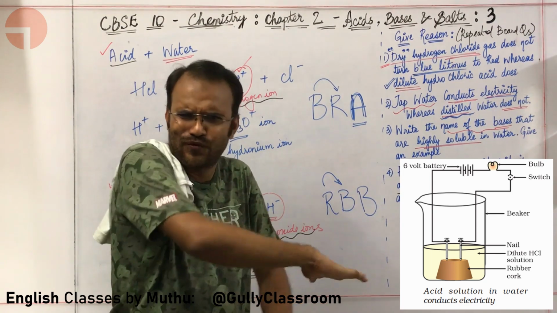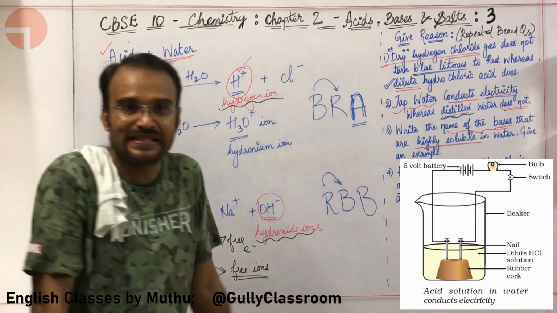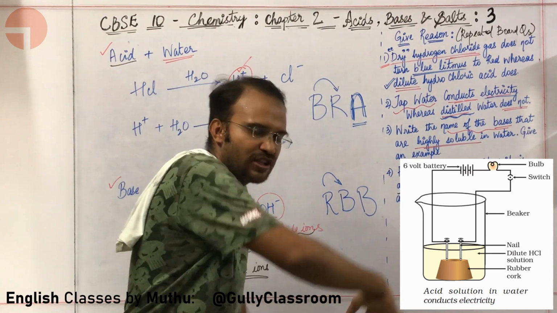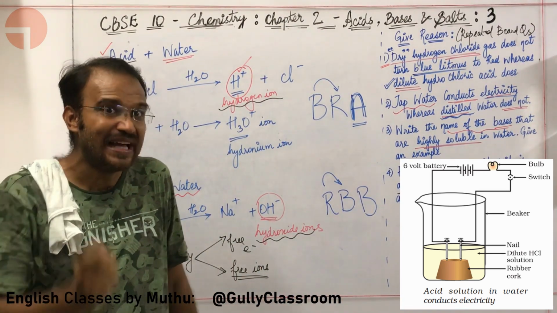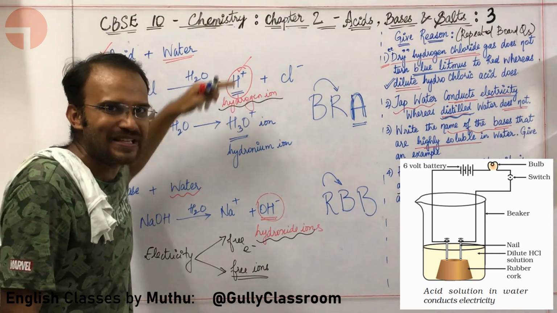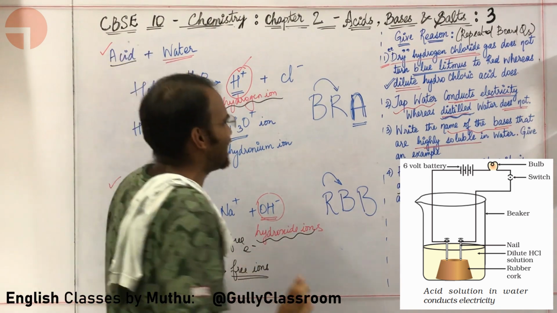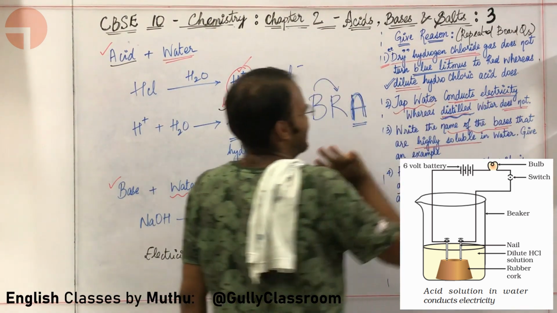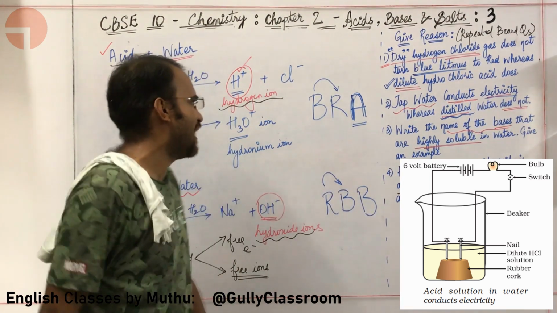Where does water flow? Water flows on the soil surface. It pulls some minerals, so water that comes over the soil surface has some acids and bases in it. Hence, it has some H+ and OH- ions in it. These ions help in the conduction of electricity in tap water.